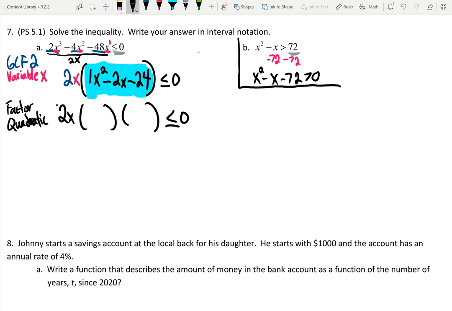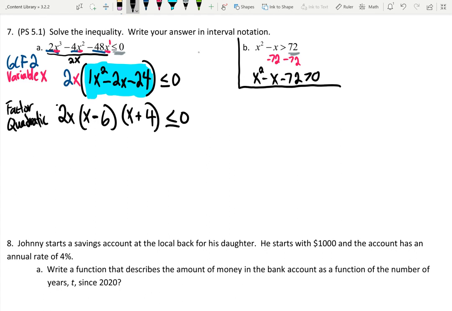Now, I know it's going to start out with an x and an x because the coefficient is 1 in the front. And now I'm going to have to go through my math facts and figure out what numbers make 24 while having a sum or difference of 2. And I see 6 and 4. 6 minus 4 is 2. So I know it's going to be a 6 and a 4. And since it's a negative 2, I need my 6 to be negative and my 4 positive.